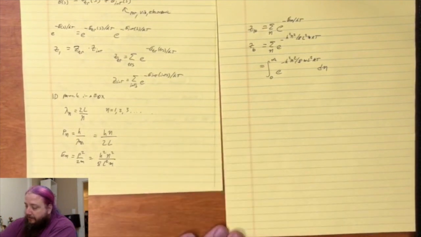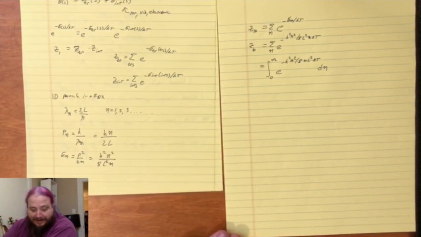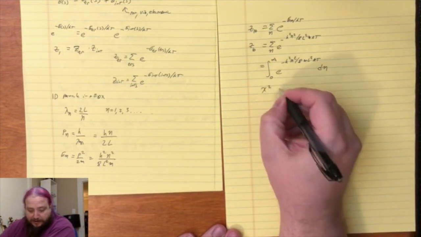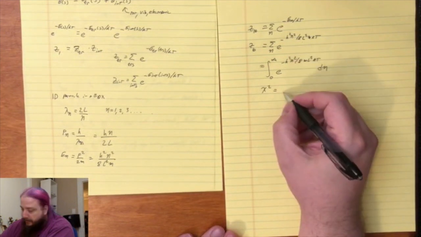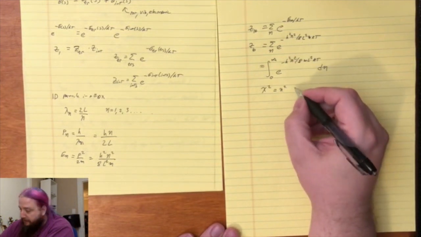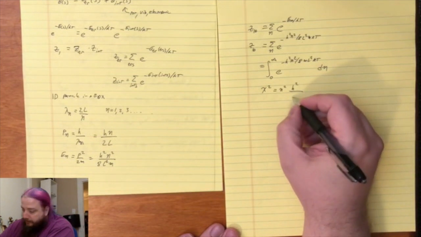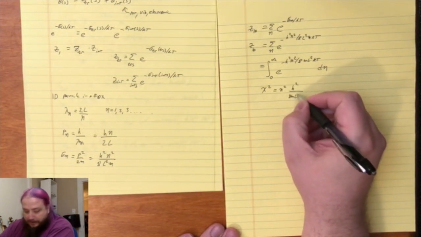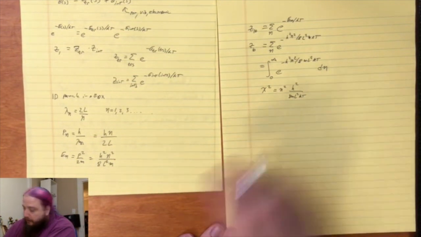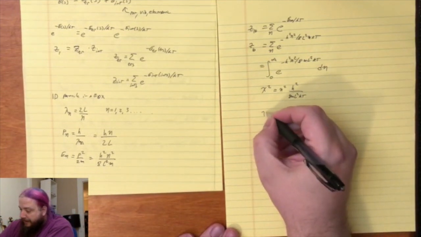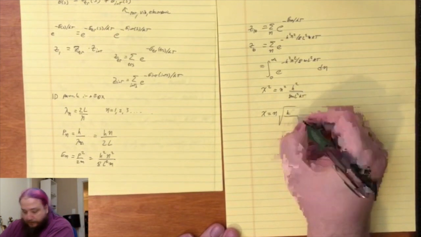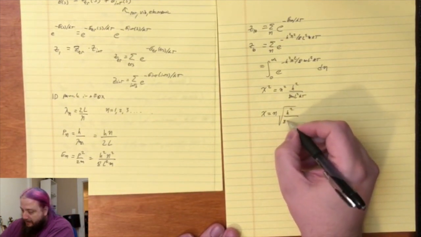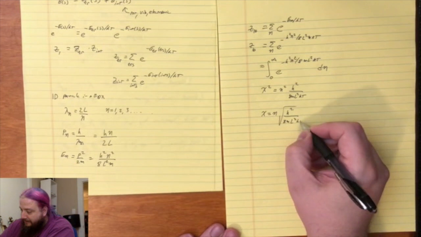This is a familiar form. We can write this in the form of a Gaussian integral. If we let x squared equal this mess up here, n squared times h squared over 8ml squared kT, which means that our x here is n times the square root of h squared over 8ml squared kT.